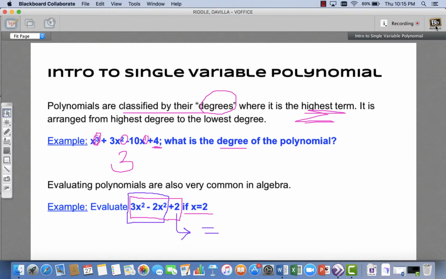So Kyle, do you know what we would get if we were to reduce this expression right here? Without looking at the x equals 2 part. So just simplifying the expression and making it more condensed.